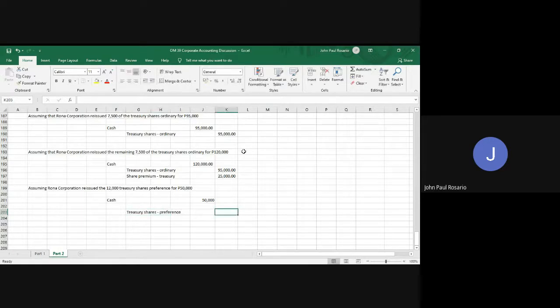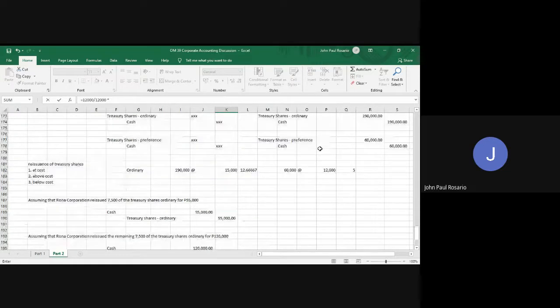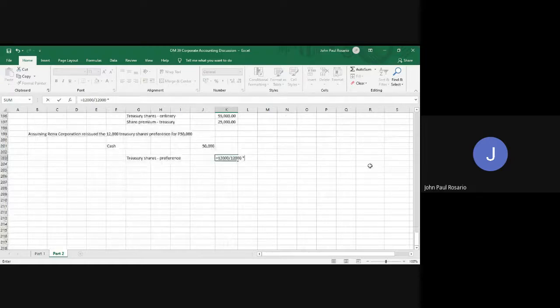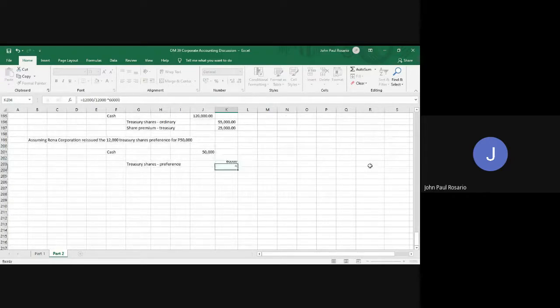Okay? So our treasury, what we sold is 12,000 of 12,000, meaning the whole lot. Then the cost of our shares is 60,000, the original cost of those treasury shares. So meaning with this, your debit is short, right? In a sense, it's like a loss, because the 60,000 cost was sold at only 30,000.